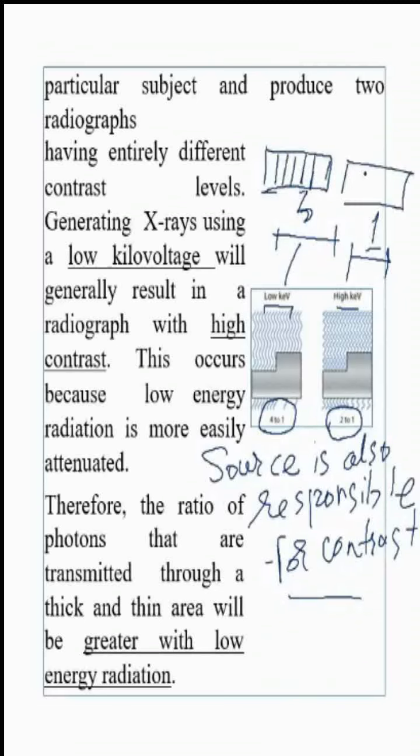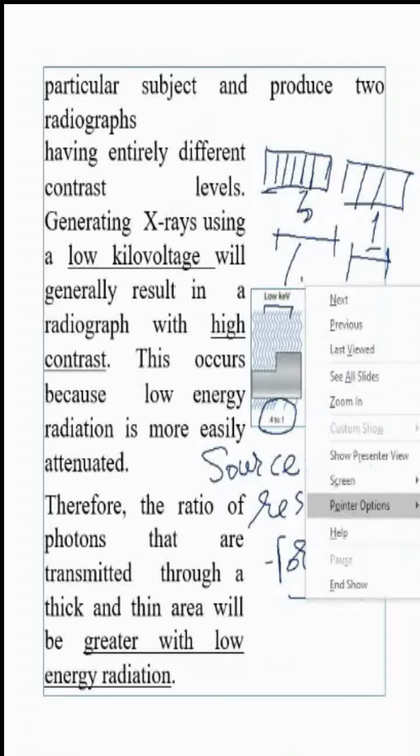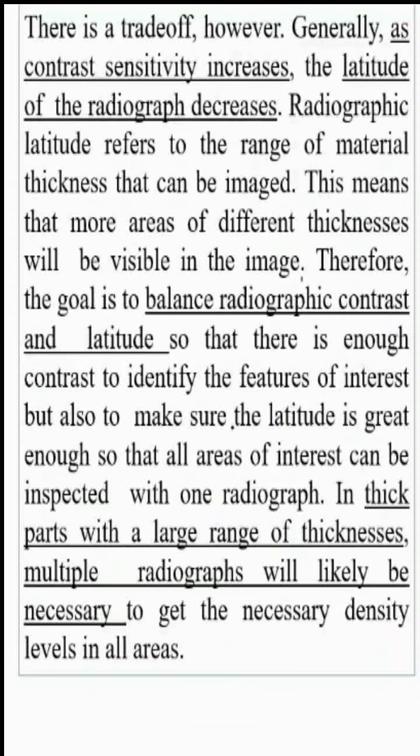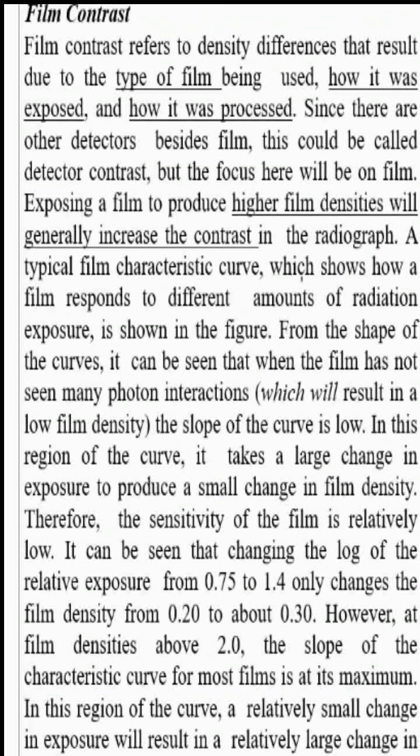Here you will be able to identify only 1, 2 and 3, because it will be dark, medium and white. Here dark, still less dark and so on, so you will get more clarity. We have seen this film contrast and so on.